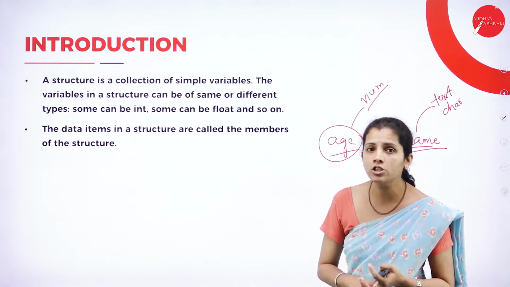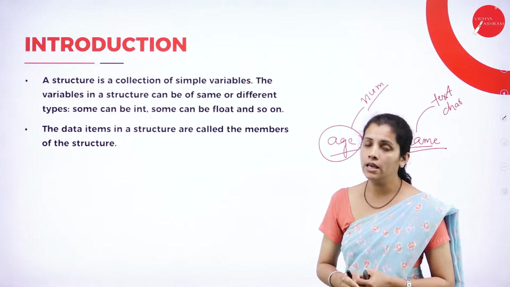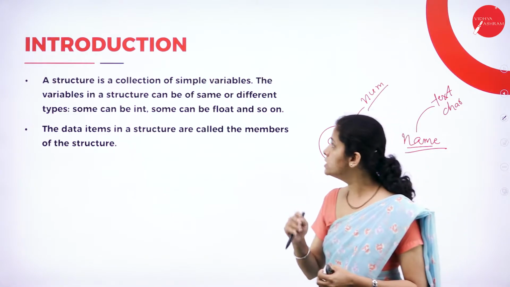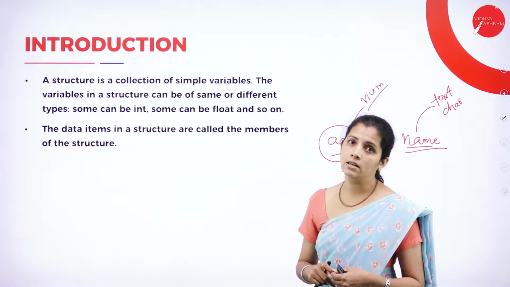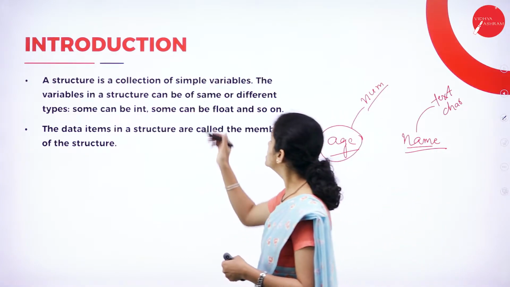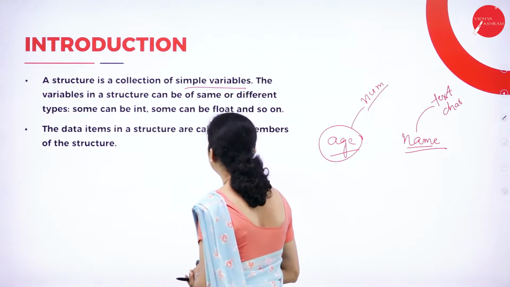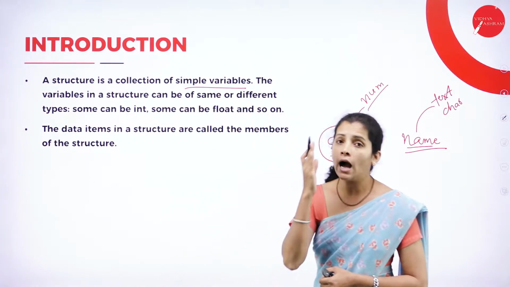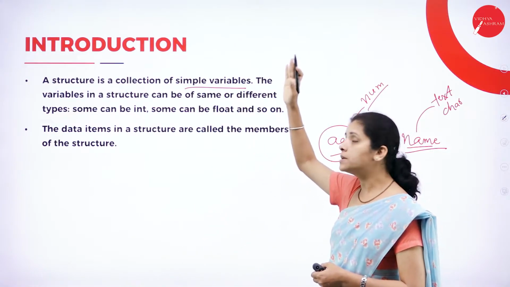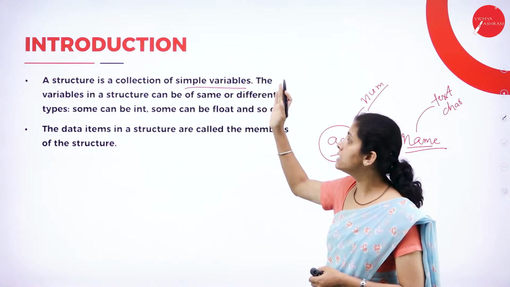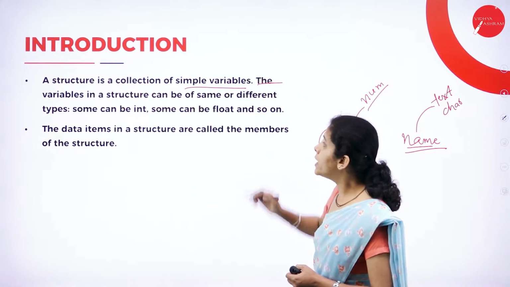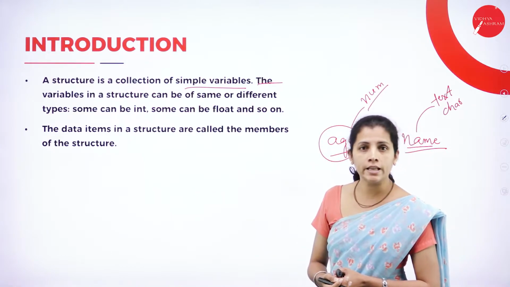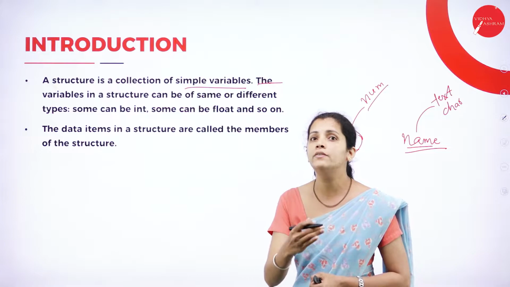So what is structure then? It's an example of a user defined data type, and it is a collection of simple variables. When I have a collection of simple variables, then it is termed as a structure. The variables in a structure can be the same or different.